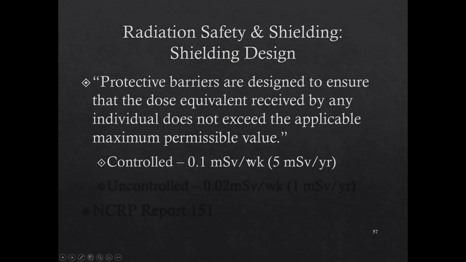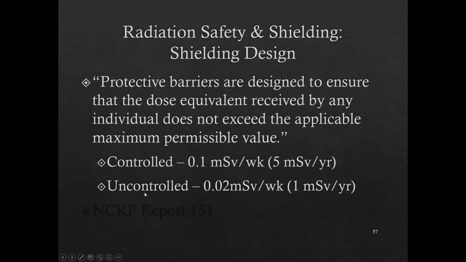And again, this is going to be taken from an assumption that we might have a pregnant worker, and therefore we have to shield and anticipate that. When it comes to uncontrolled, that means people that we're not worried about monitoring, and that's going to be 1 millisievert a year, so for those frequent exposures.